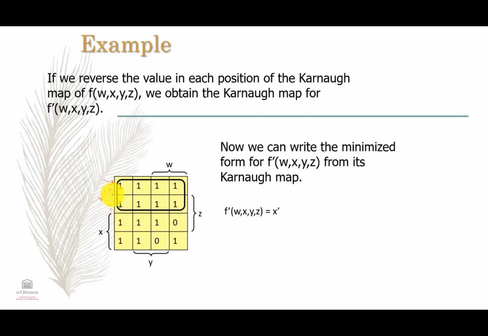So it's only x that's not changing, that's why we choose x prime. However, when it comes to the columns, look at this. It's 0, 0, 0, 1, 1, 1, and 1, 0. When we move here, we exclude y, because y has changed. Then when we move from here to here, we exclude w. So that's why we choose just x prime.